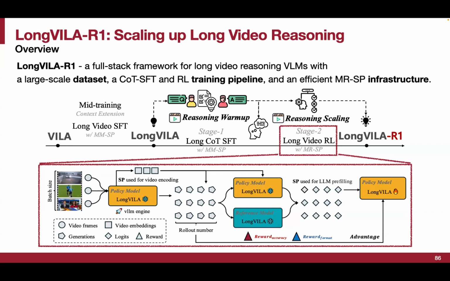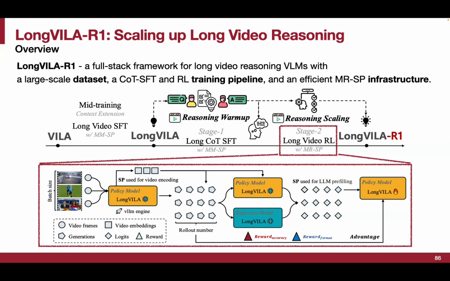Okay, first using CoT SFT and then using RL. Also, we provide an efficient multimodal reasoning sequence parallel training infrastructure. So how do we efficiently train such reasoning models, given that the sequence is usually pretty long when you are doing the rollout?